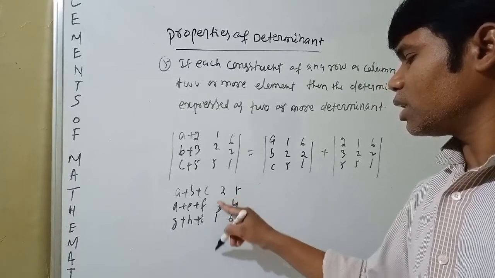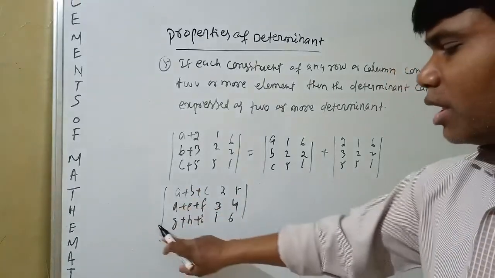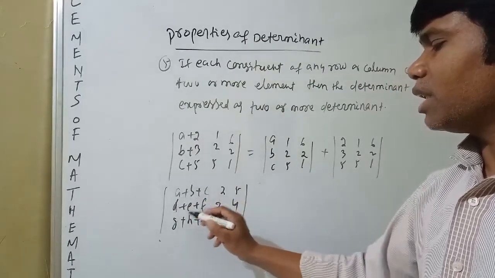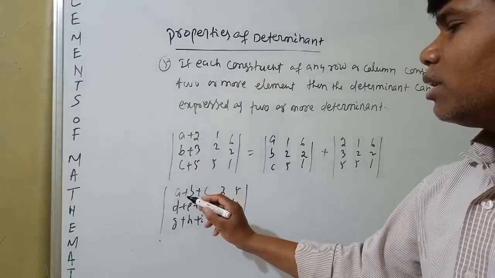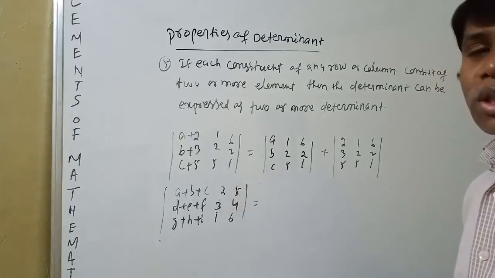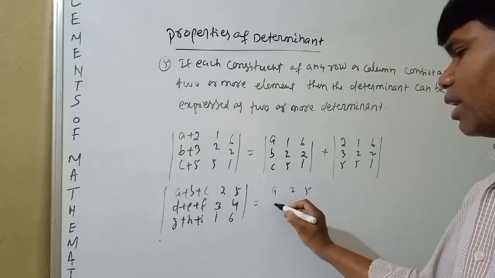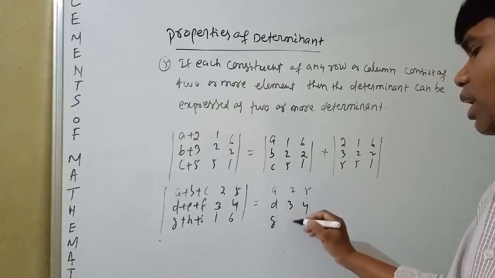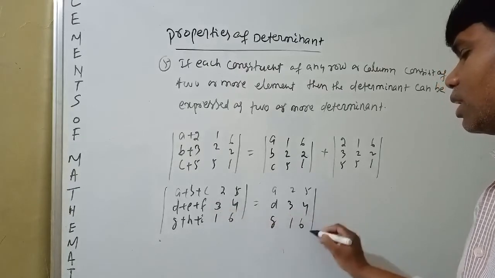Here there are 3 elements in column 1, so I can express it as 3 determinants. First, a, d, g with 2, 3, 1 and 5, 4, 6.